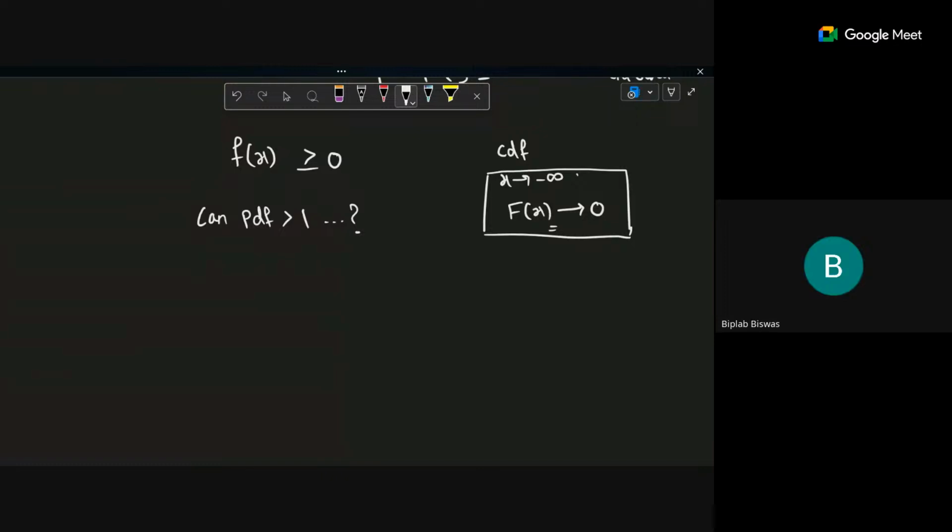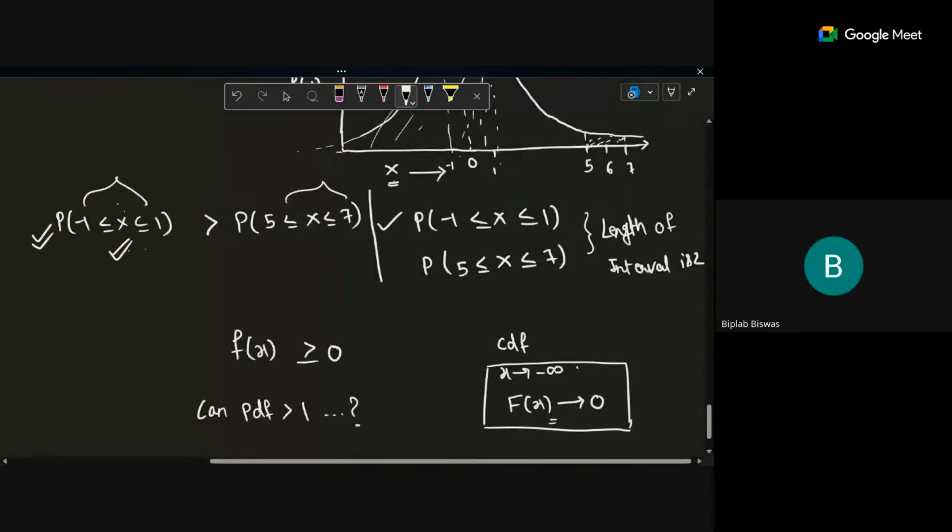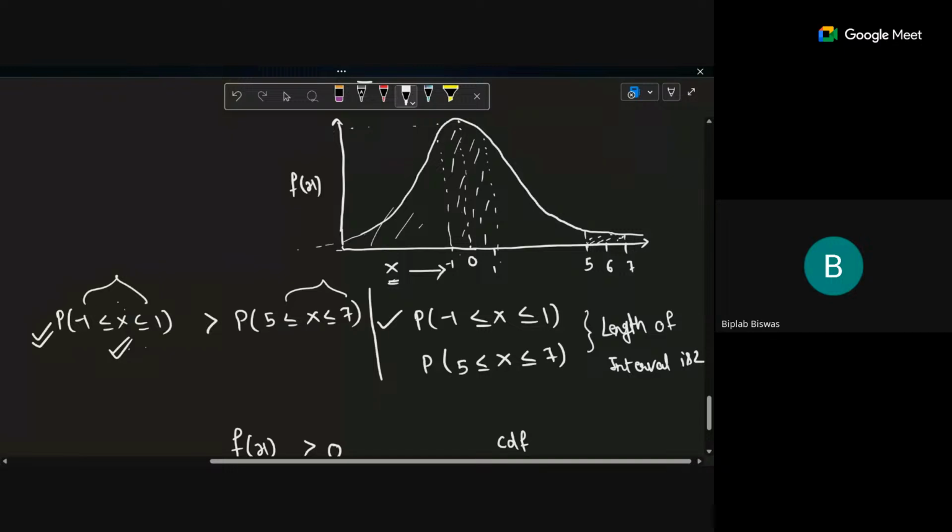I think it will not go beyond 1. My understanding is, with the help of coordinate geometry, the entire area under the PDF is 1, and the probability is a fraction of that if we break it into units.